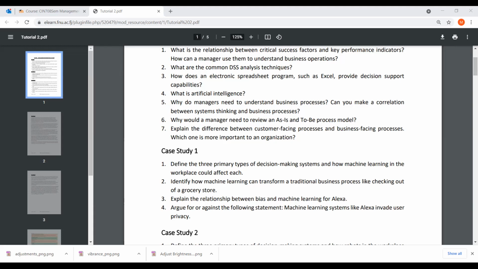Now, tell me this. If I would ask you to look at operations level of decision making, managerial level of decision making, and strategic level of decision making, which one is the most important and why? Take a minute, think about it, and if you can come up with an answer, you can unmute and speak.